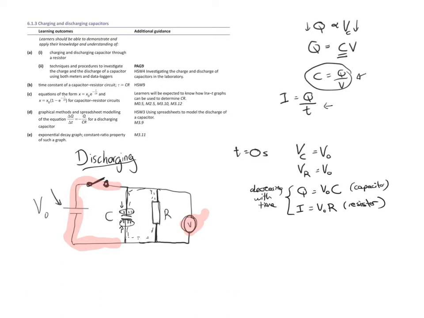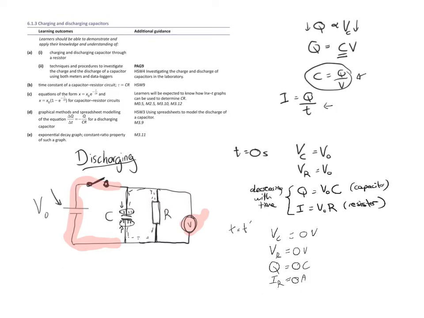So what we expect is the voltage across the capacitor, the voltage across the resistor after a time t, they will all go to 0, including the charge of the capacitor and the current through the resistor. So that's simply discharging a capacitor.